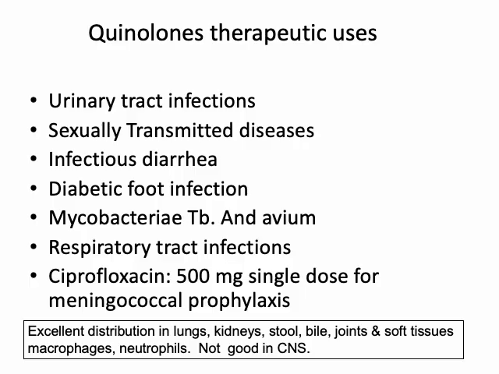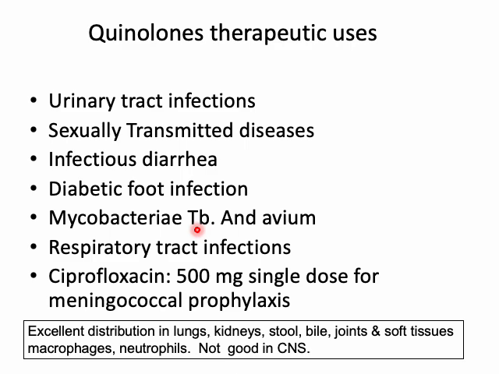So why do we love fluoroquinolones? Because of this broad spectrum of activity. We can give them for urinary tract infections. We can give them for sexually transmitted diseases if we are dealing with Neisseria or atypical bacteria, infectious diarrhea being Shigella, Salmonella, whatever, a diabetic foot infection being anaerobic, being staph, gram-positive, even in Mycobacterium tuberculosis.